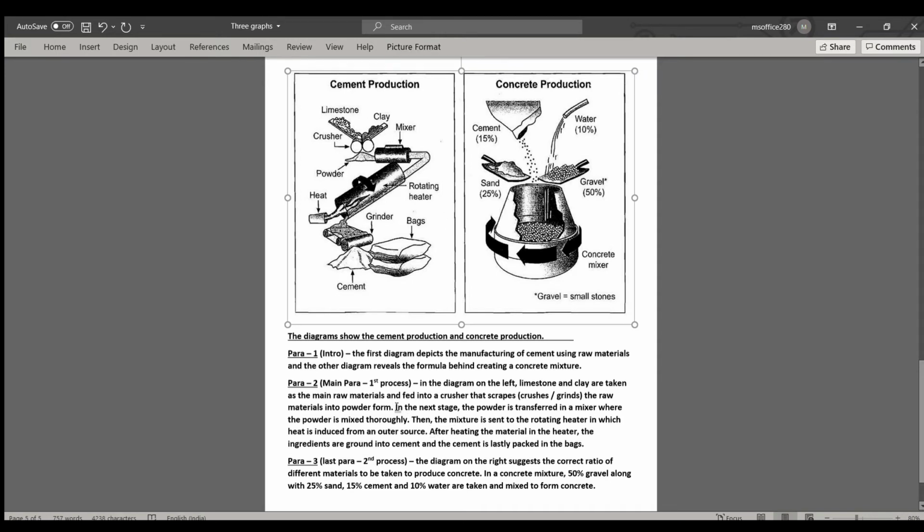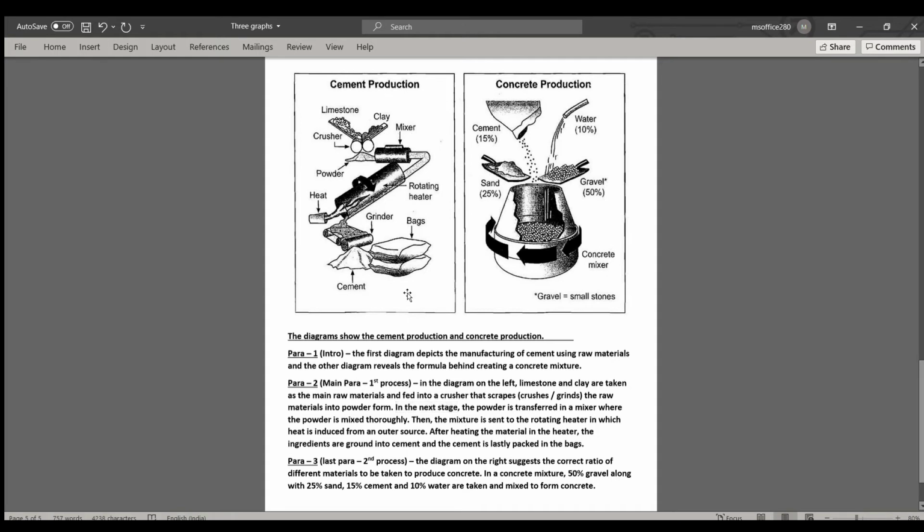So you must always use connectors. I've written, in the next stage, the powder is transferred to a mixer where it is mixed thoroughly. It is an obvious thing that the mixer would mix the powder.